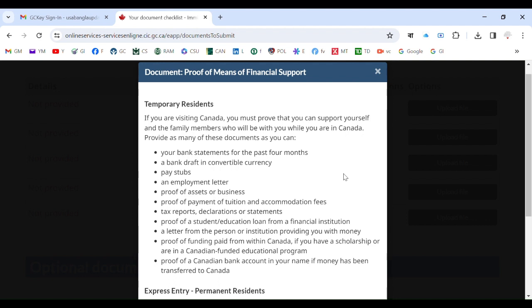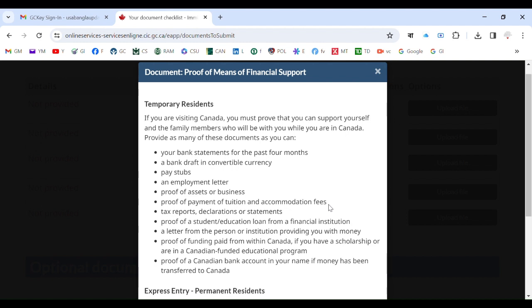Okay, and then bank draft, pay stubs, employment letter, proof of assets or business, proof of payment of tuition fees or accommodation fees to your Canadian university if you have already paid something. That is a massive advantage.